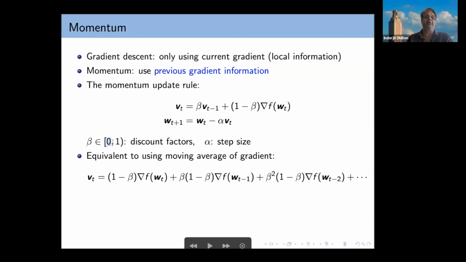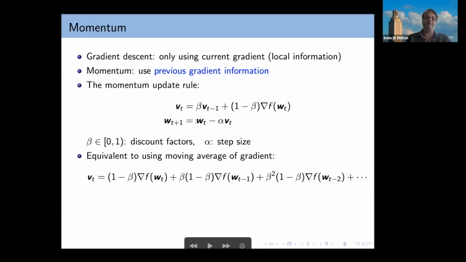In particular, if beta is equal to 0, then you don't get anything from the previous steps. That's the idea behind momentum: instead of just using the gradient at the current iterate, you also use the gradients at the previous iterates.